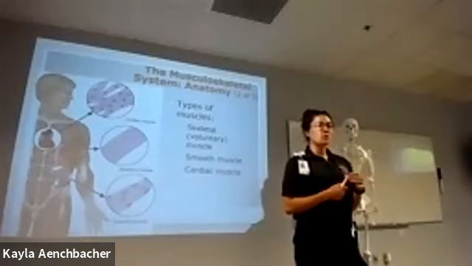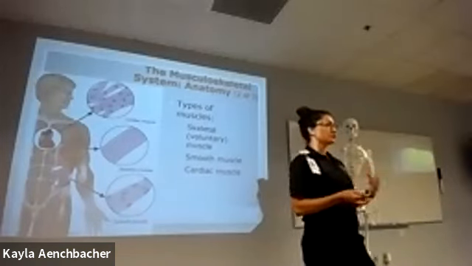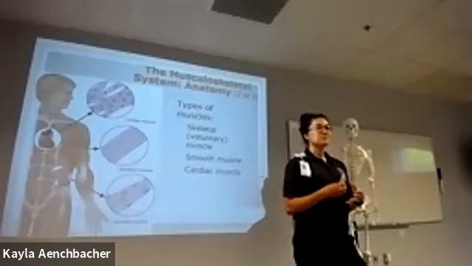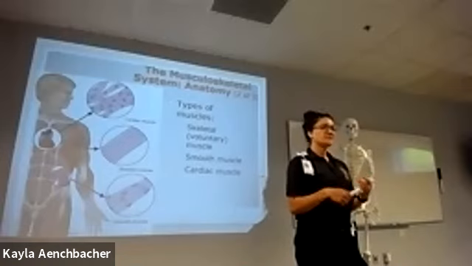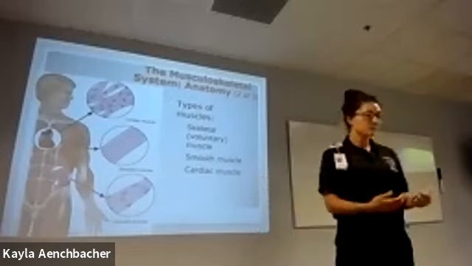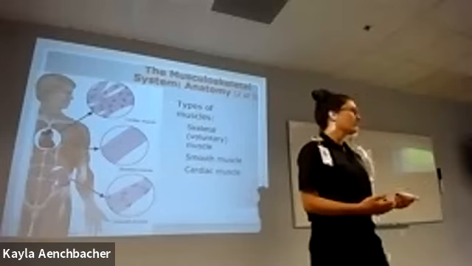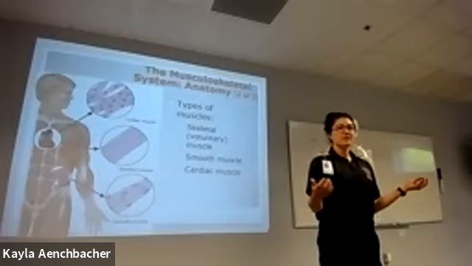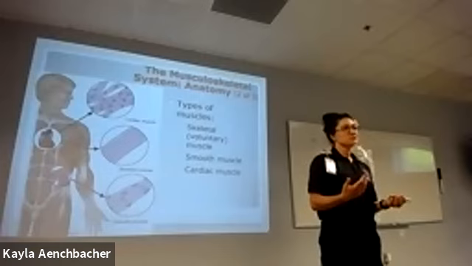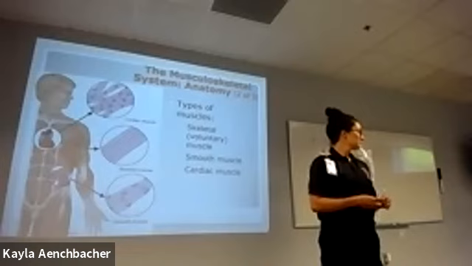All right, you also might see these referred to as striated muscles. That's just based on the way they look in appearance. So striated, skeletal, know that those are voluntary. I can will them to do, for the most part, whatever I want. Where else do I find voluntary muscles? Okay, your face.